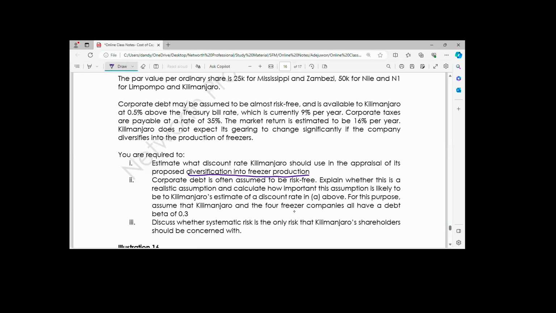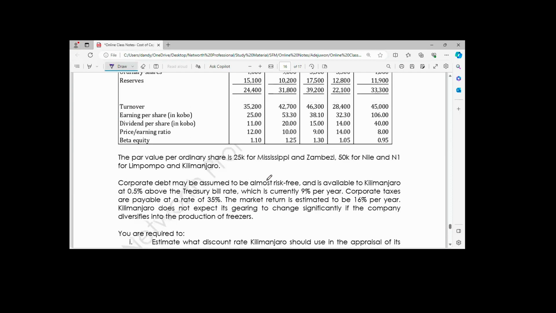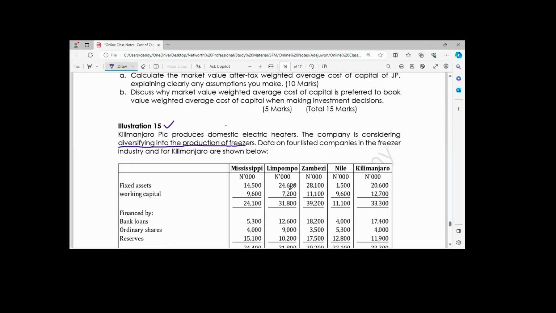And I said last week that project-specific cost of capital is calculated when a company is diversifying into a new industry. You will see from this question that from the first paragraph, the examiner has told you that Kilimanjaro PLC produces domestic electric heaters. What this company does is the production of domestic electric heaters.